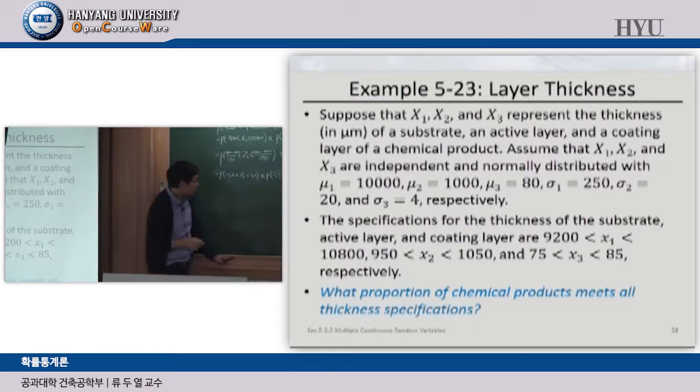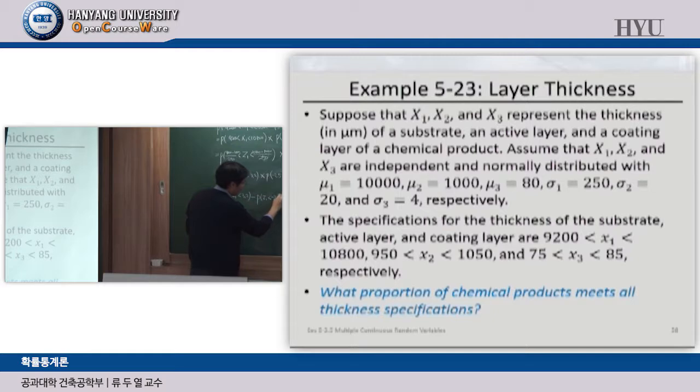Okay? And if we want to use the appendix table, this should be changed to the probability of Z1 smaller than 3.2, right? Minus the probability of Z1 smaller than minus 3.2, right? Do you remember that? Okay. So this is exactly identical to this equation.